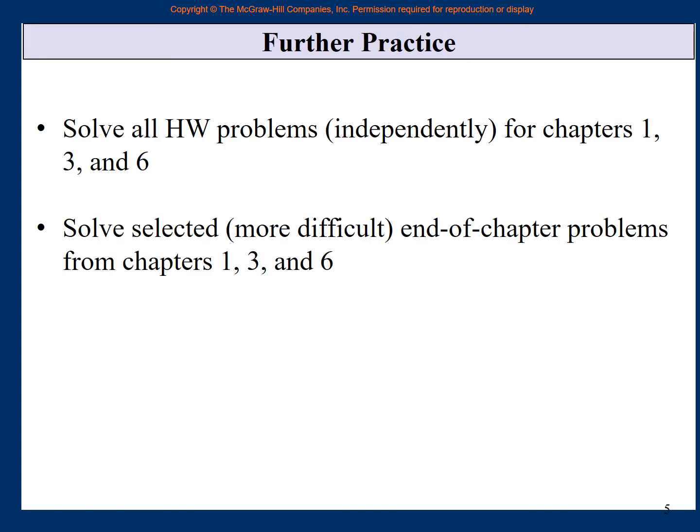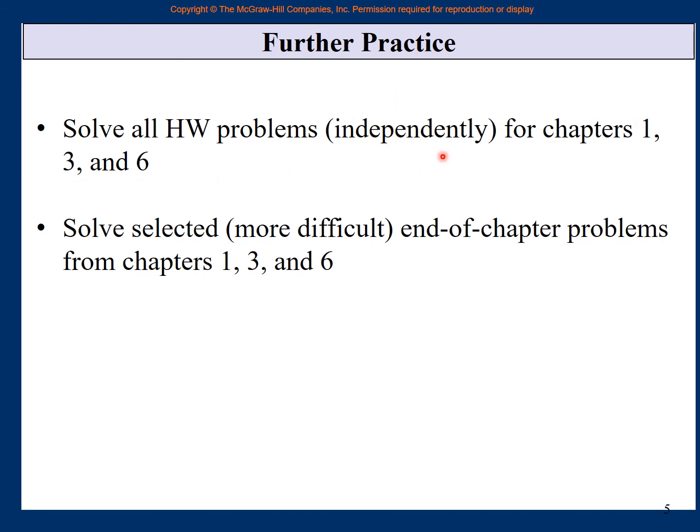So as I was telling you earlier, we have solved all the 2 quizzes, all questions in complete detail with a lot of explanation, hopefully. So now you have your homework problems, right? There are homework problems for chapters 1, 3 and 6. Please solve them independently.